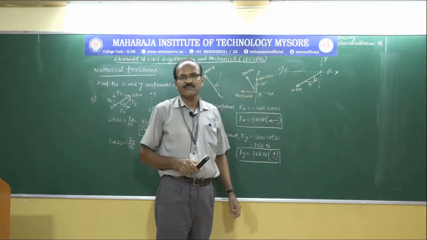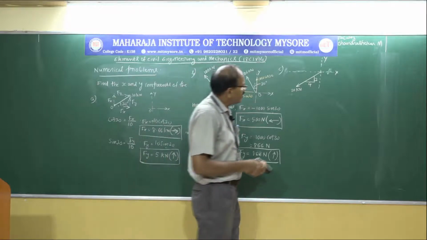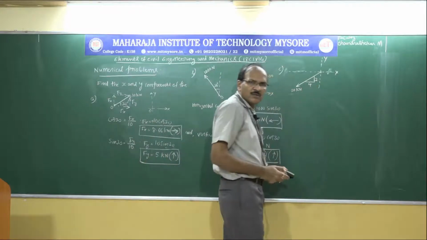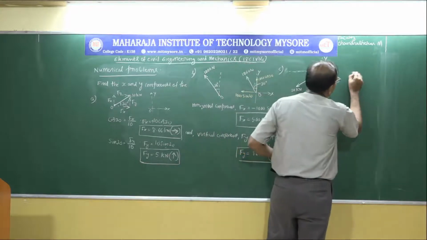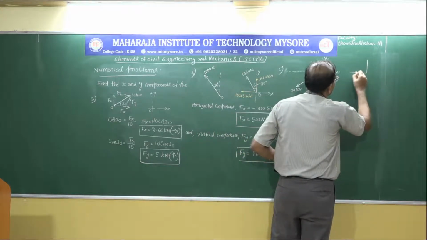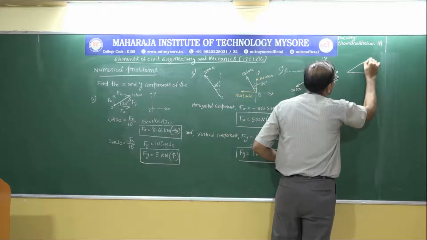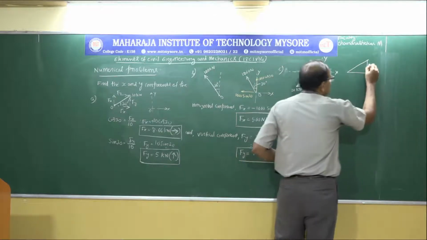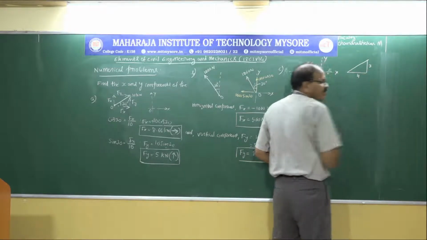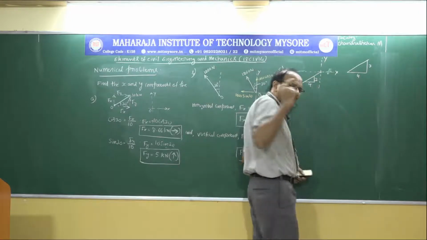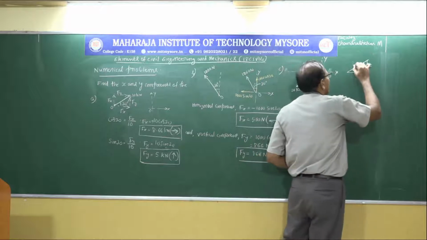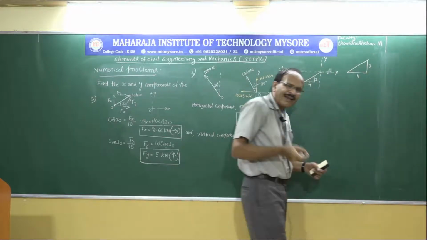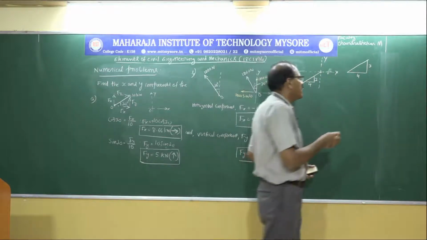So what I do is, I am going to take this right angle triangle. I am going to write this separately. This is 3, this is 4. So by applying Pythagoras theorem, this becomes 5, that is square root of 4 square plus 3 square, that is 25.